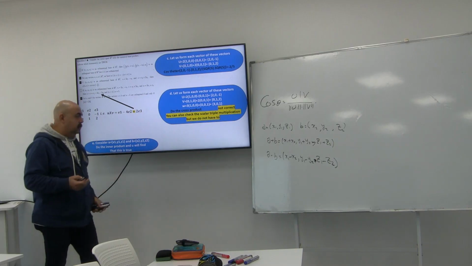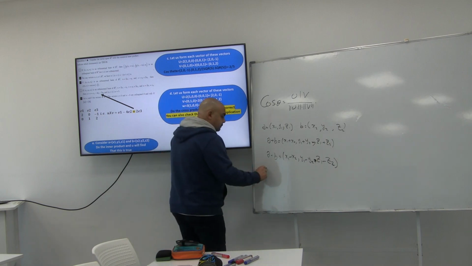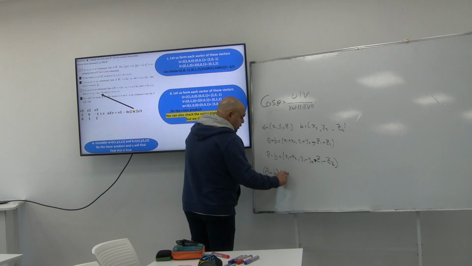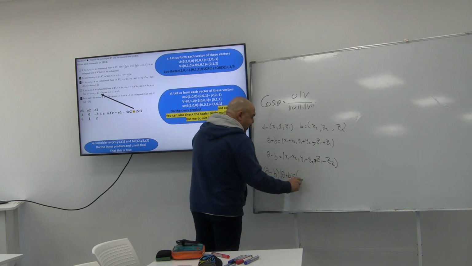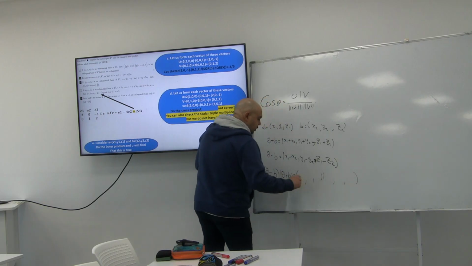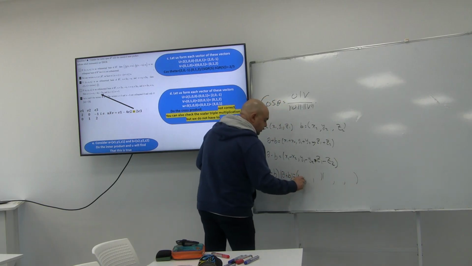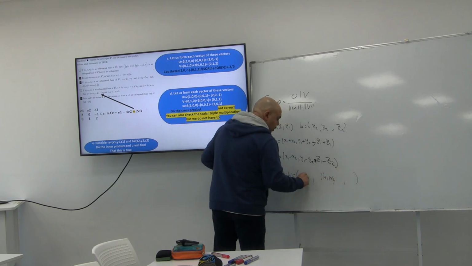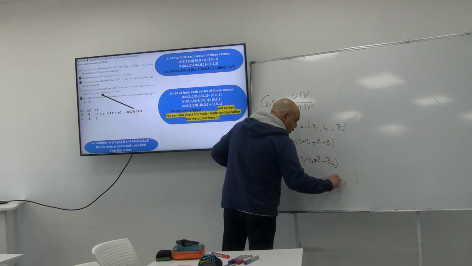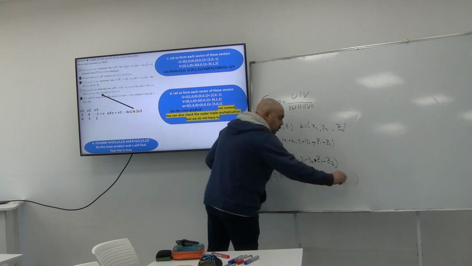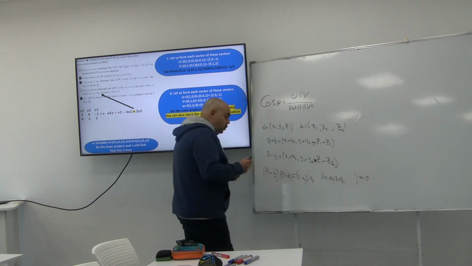So once you do this inner multiplication, A minus B inner A plus B, you will have these two vectors multiplied. So it's x1 minus x2 times x1 plus x2, y1 minus y2 times y1 plus y2. Once you do so, this multiplication should equal 0 to be orthogonal.